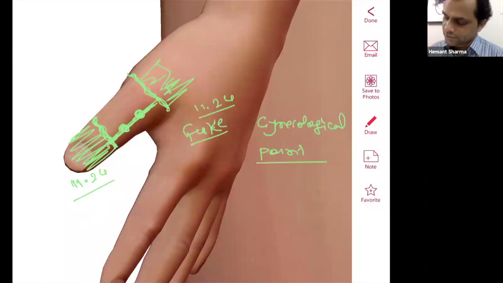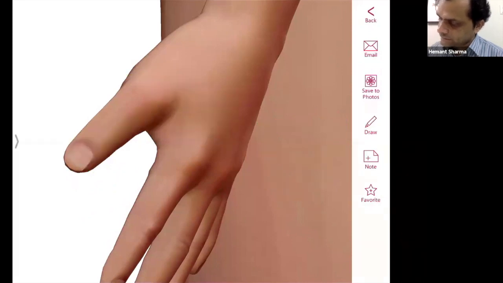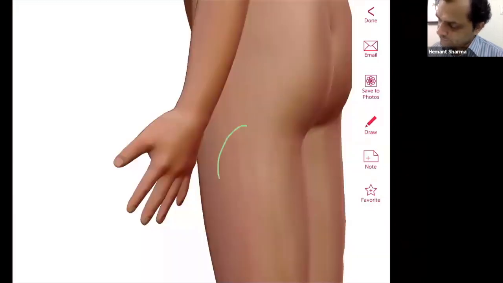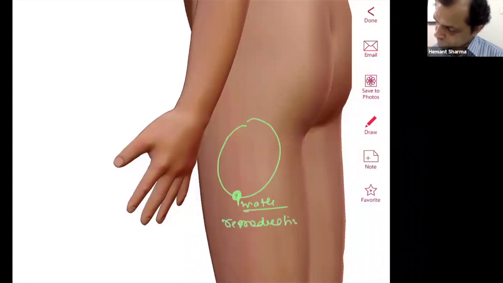We are inserting the needle. When we are inserting the needle, we are inserting just adjacent to the bone. Because when we talk about the reproductive part, as per the 5-element cycle, the water element is connected with the reproductive part, and which is also connected with the kidney and urinary bladder.